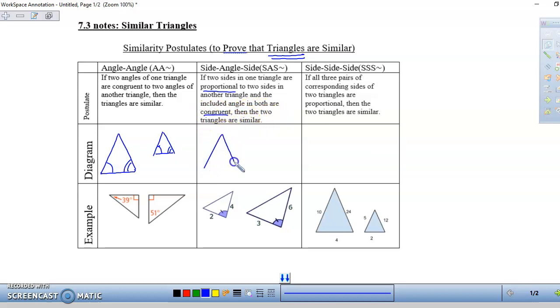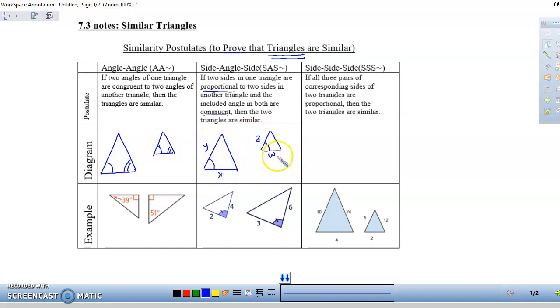So again, if you have your two triangles, and you have one angle congruent to another angle, that has to be the included angle. We talked about this with triangle congruence, but that means it has to be attached to both sides that are marked. So I would have, for example, X here and Y here, and then maybe W here and Z here.